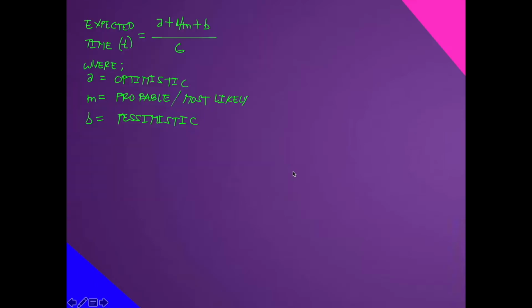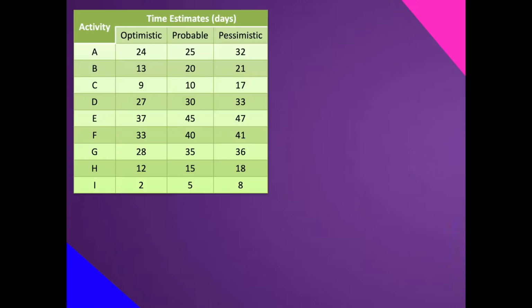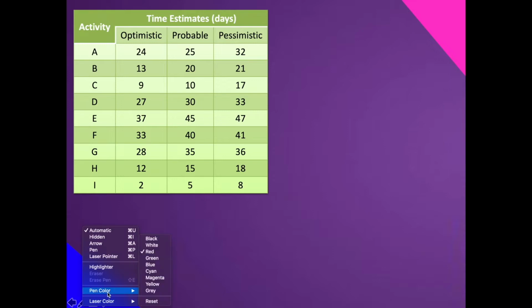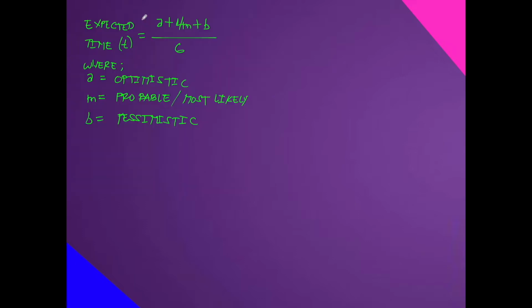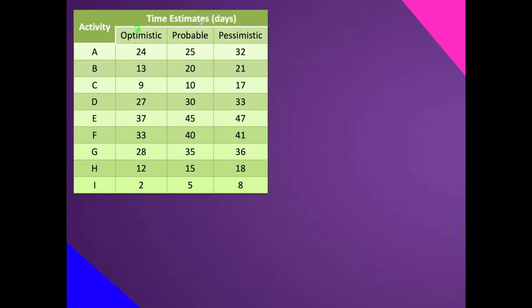Okay, the formula again. Expected time is equal to A, which is the optimistic time. Let's put labels here. What color is that? Green. So, this is A. Then plus 4M. M is the probable or most likely time, the middle one.